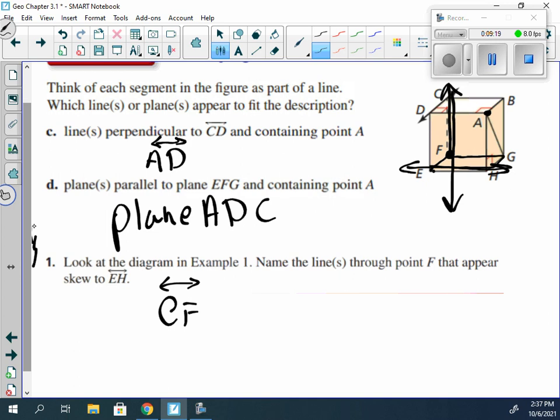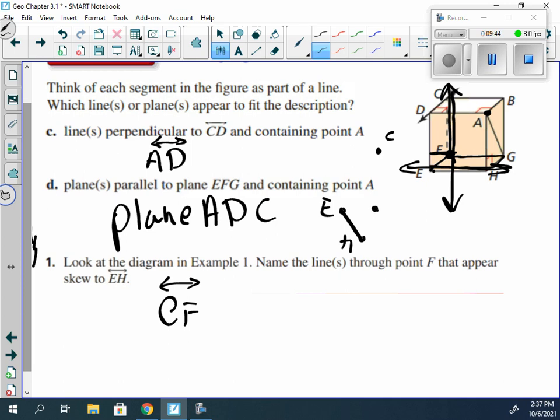EH, which one are you asking about? No, because you went from F to C and crossed or went over the line. It's back. Point F is back here, so it's really behind. Because EH would be here.